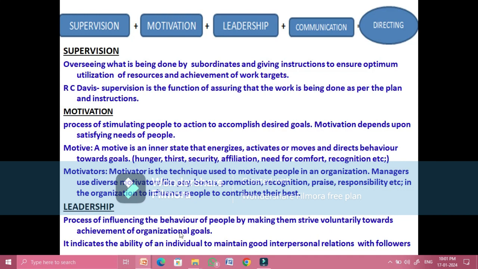Ability to influence the followers means he is maintaining good interpersonal relationships with the people who are working with him. So leadership very much influences his followers.